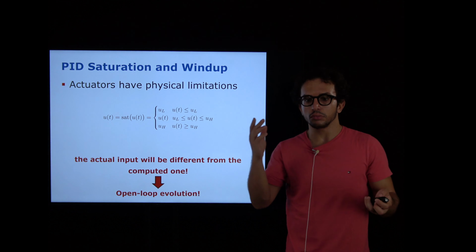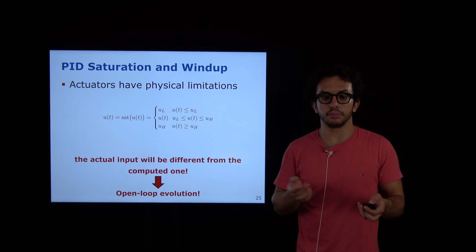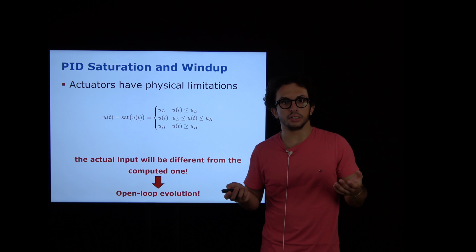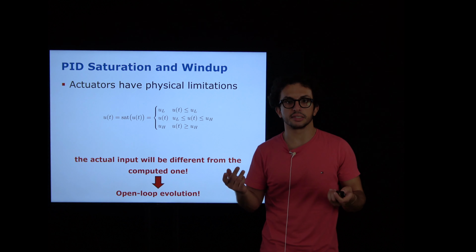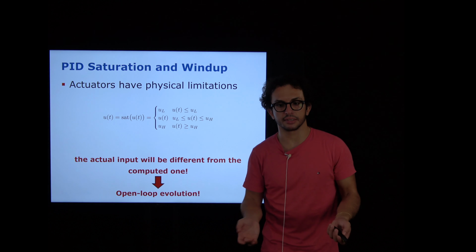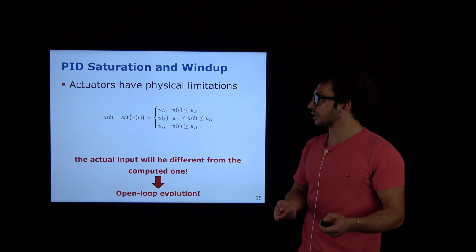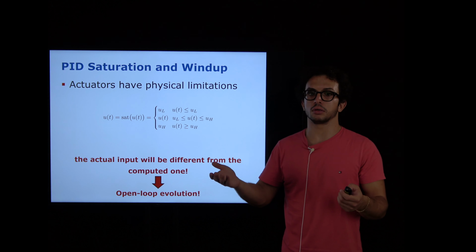And this can be a problem, because it might be that the input that we're actually feeding, which is the saturated input, makes the system unstable. So it's not able to stabilize it anymore. Realistically, concretely, what happens is that usually the process slows down.